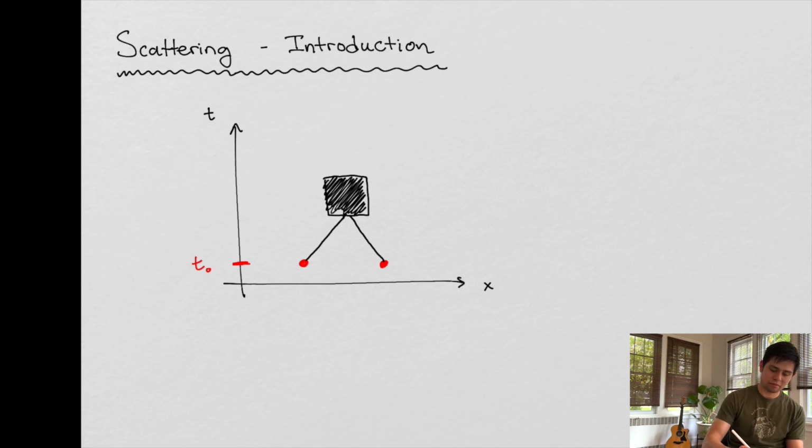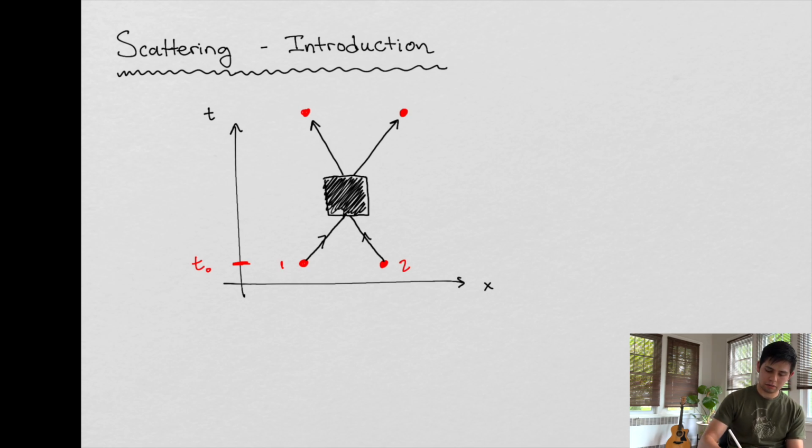But then out come the particles again, like this. And say we have our particles again. Say this was particle 1, this is particle 2.